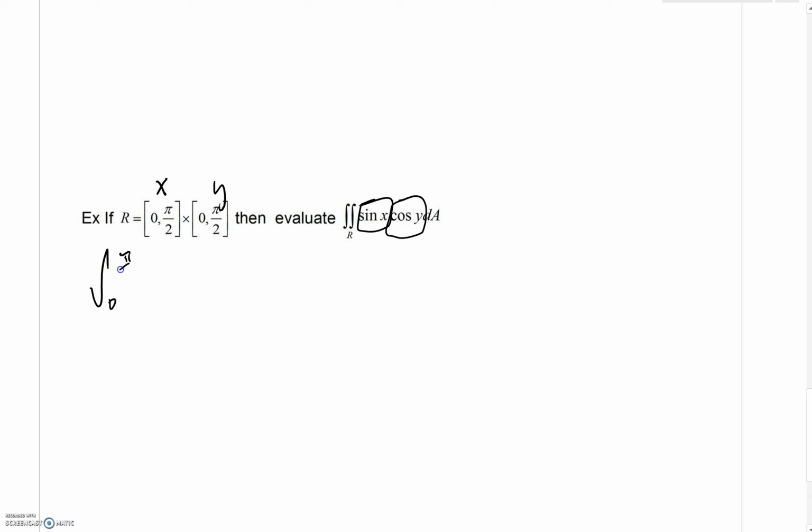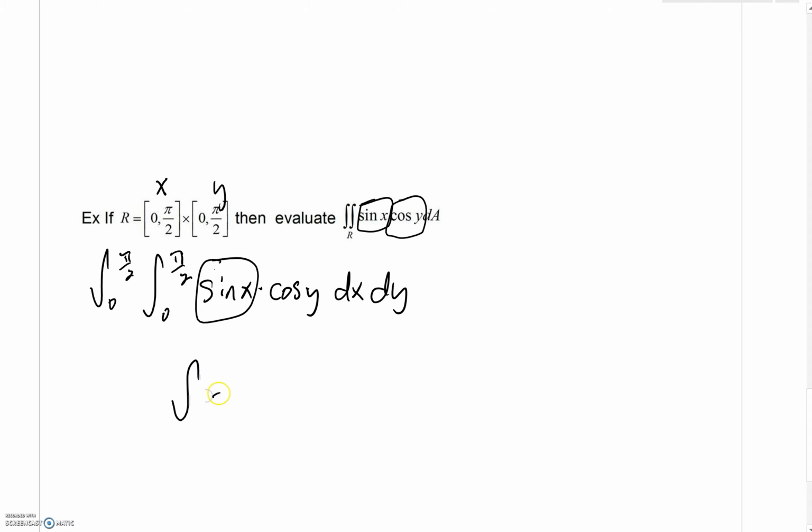Look, if we were integrating with respect to x first here, honestly, it doesn't matter which way we go. You can see, well, wow, sine of x and cosine of y, they are separate. Look, I'm just going to turn this into the integral of sine of x dx, integrating in these boundaries from 0 to pi over 2.